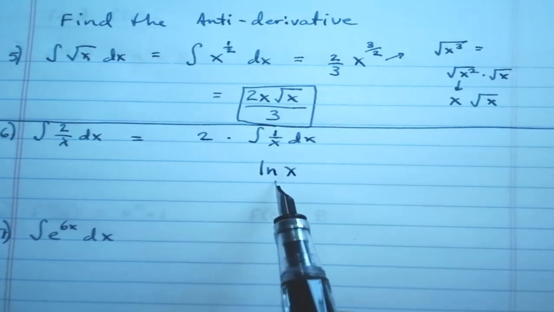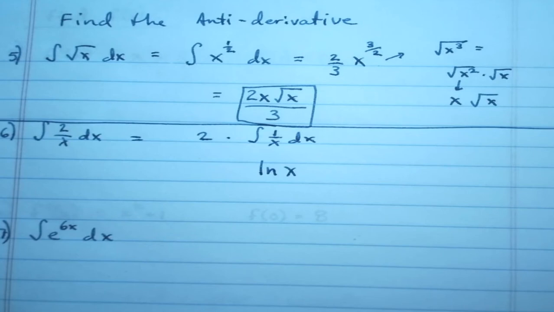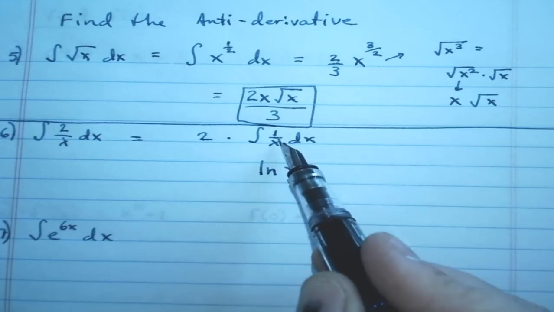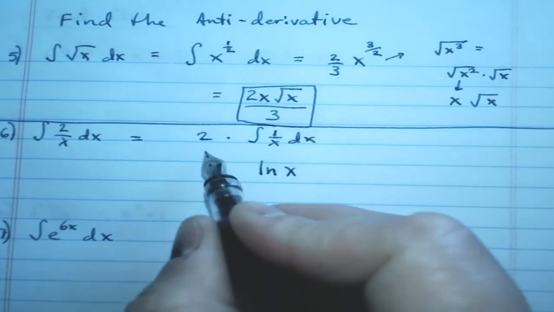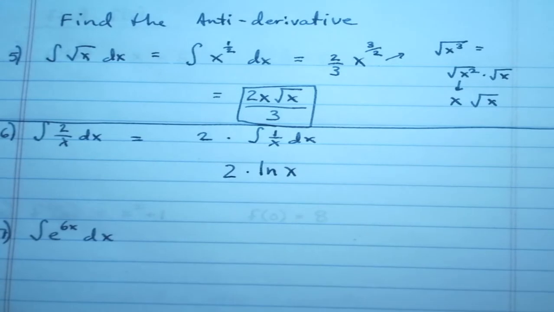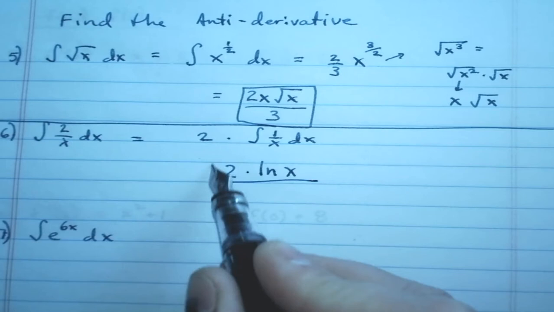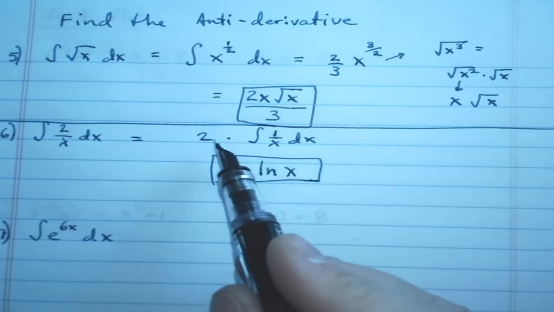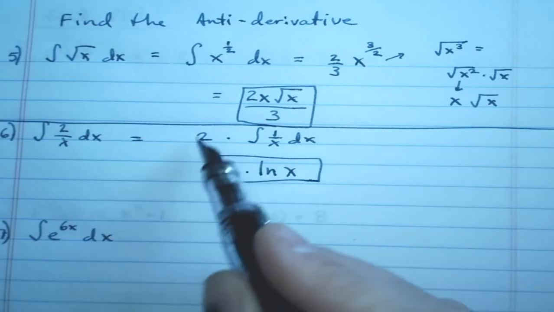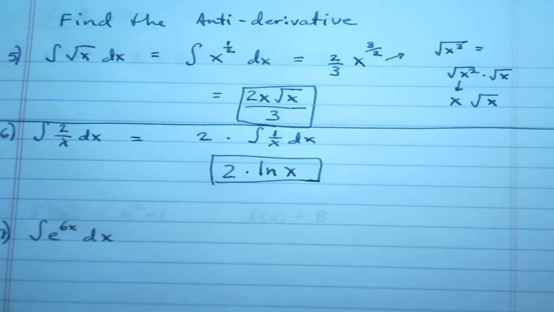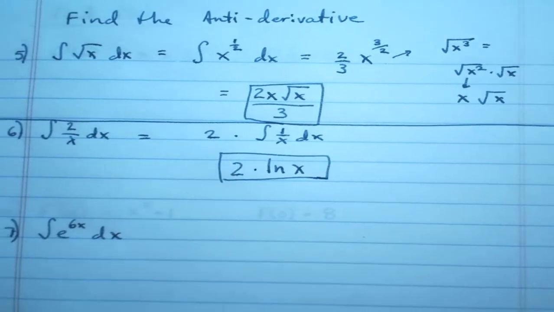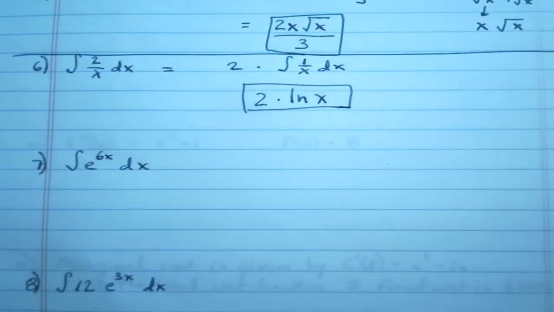Why? Because the derivative of that is 1 over x. So the antiderivative of that is natural log x, and then the 2 just comes down, 2 ln x, and that's it. So remember, anytime you've got that constant multiplier, you can pull that out and just ignore it. And that'll come up again actually in problem number 8.